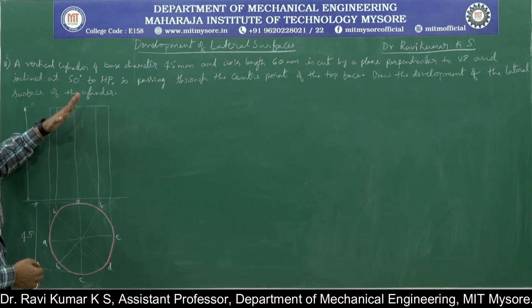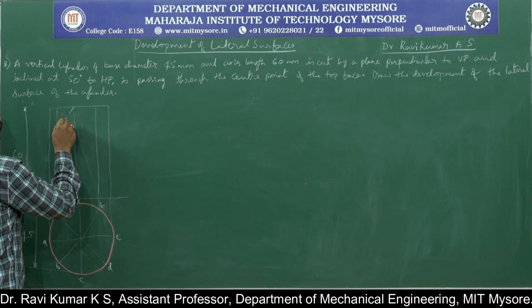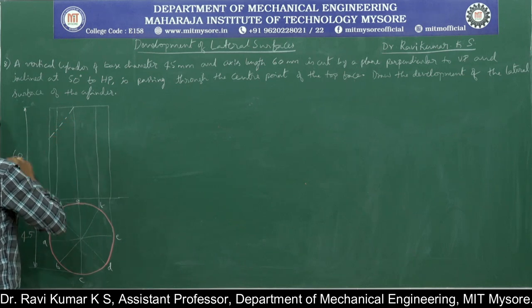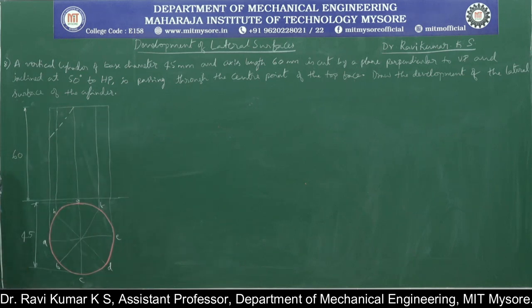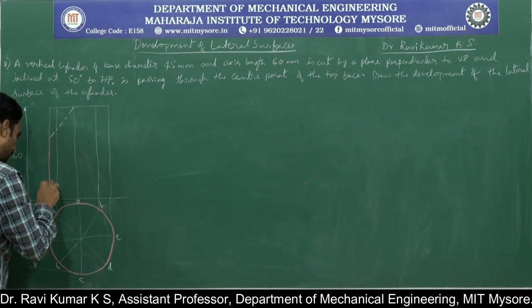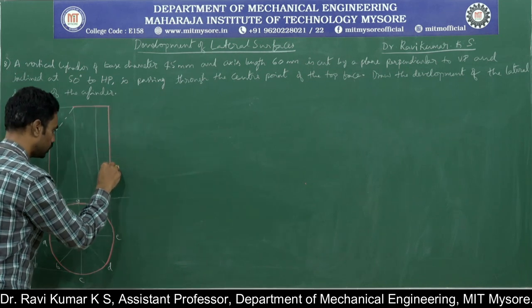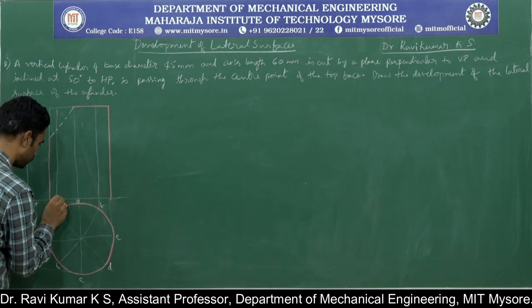It will be something like this. This is the section plane, and this is the retained portion of the cylinder, the front view of which you must draw the development.